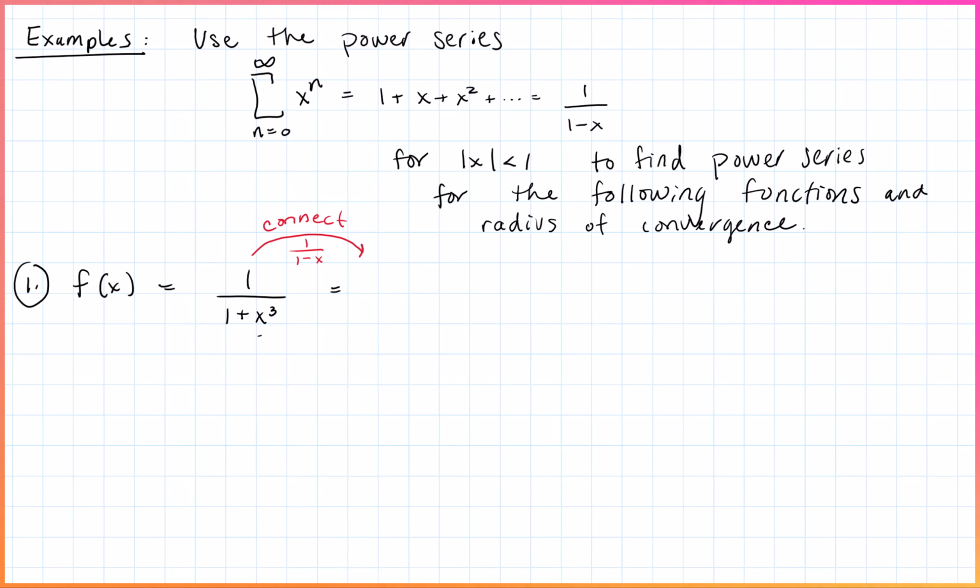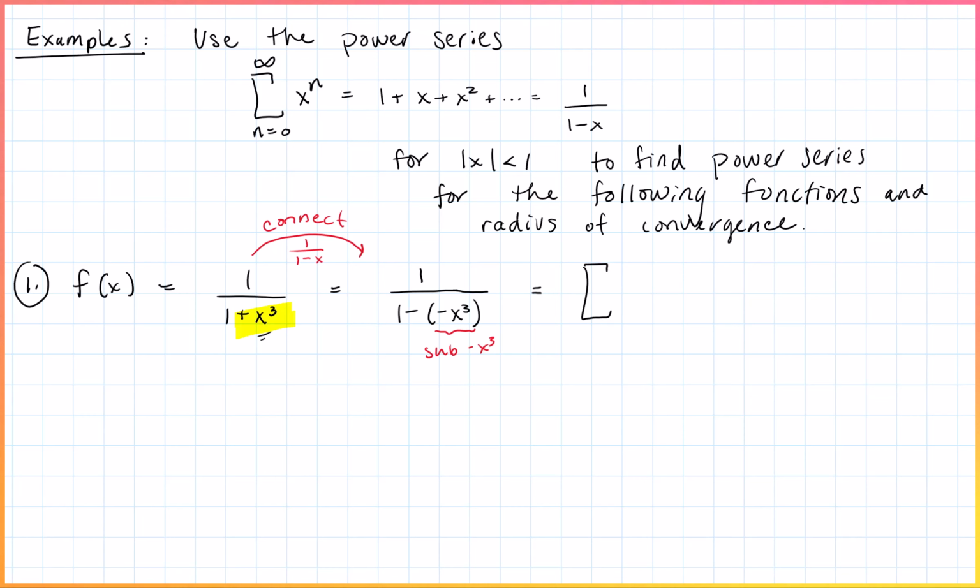And so here I'm looking at that x cubed right there, and I'm adding an x cubed. Well, that is the same as subtracting a negative x cubed, and making a substitution. What I'm doing there is I'm actually making a substitution of negative x cubed into that function, which means I can make that same substitution into the power series.